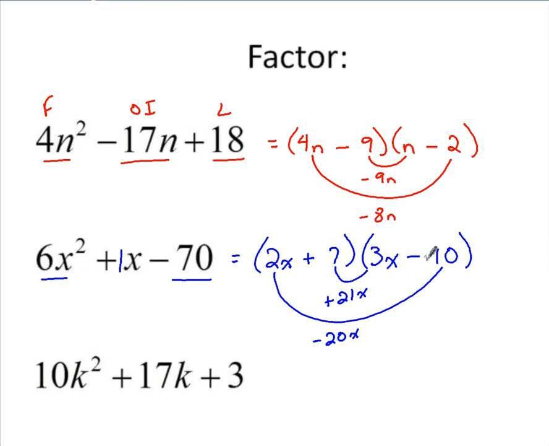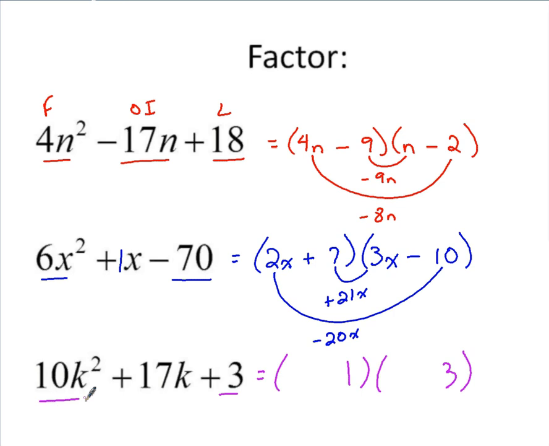All right, on the last one, this is where I was talking about prime numbers before. I think the last one's a little nicer. It's a little nicer because as far as playing with values are concerned, you know that eventually in the last position, you want numbers that multiply to give you that 3. So it has to be 1, it has to be 3 here. Now in the first position, you got that 10k squared.